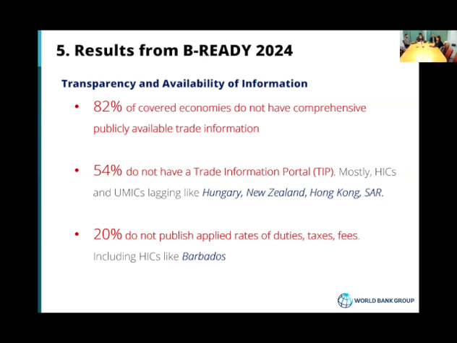And lastly, we have about 20% of economies, including the likes of Barbados, who do not publish something as straightforward as the applied rates of duties, taxes, and fees, which are instrumental, again, to having a more transparent trading framework.